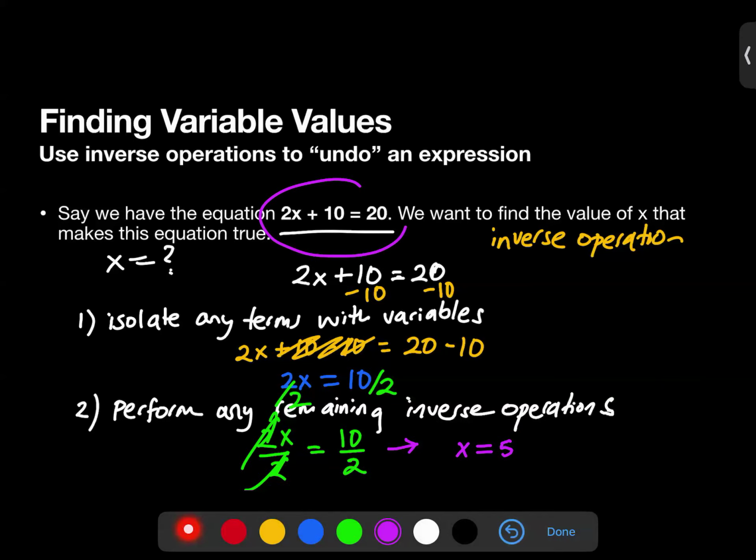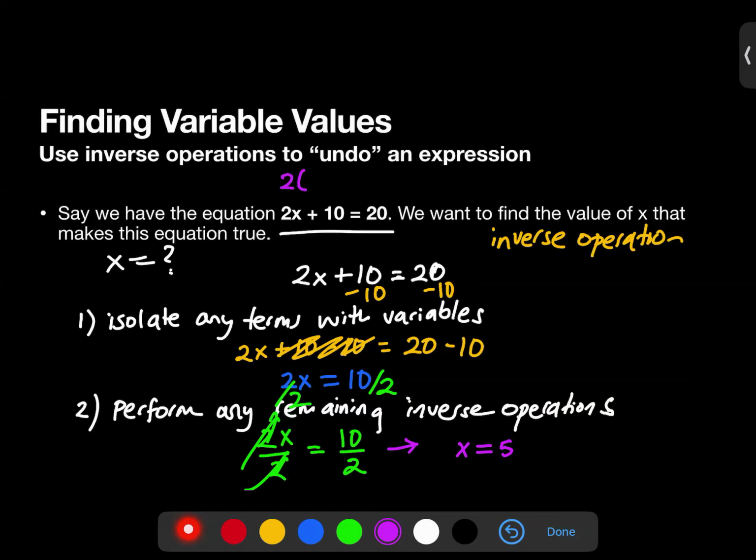And we can check our work by plugging 5 back in. Remember, some of the problems we saw earlier gave you the value for the variable, and you simply replaced the variable with that number. So we can do a similar thing to check our work. So we'll just plug 5 back in.